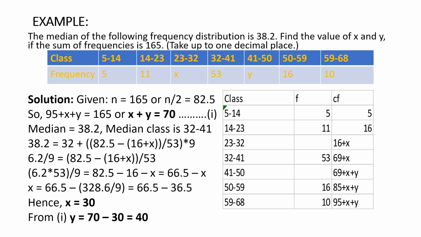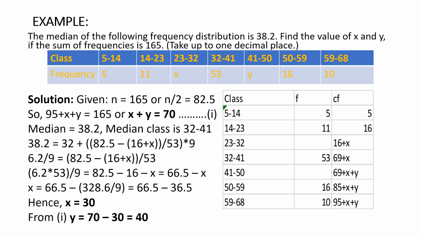So cumulative frequency will be 53 plus 16 plus x, which is 69 plus x. And so on. The last cumulative frequency is 95 plus x plus y. Now, as you know, the last cumulative frequency will be equal to the total of the frequency. So 95 plus x plus y is equal to 165. So from this we get the first equation, x plus y is equal to 70.